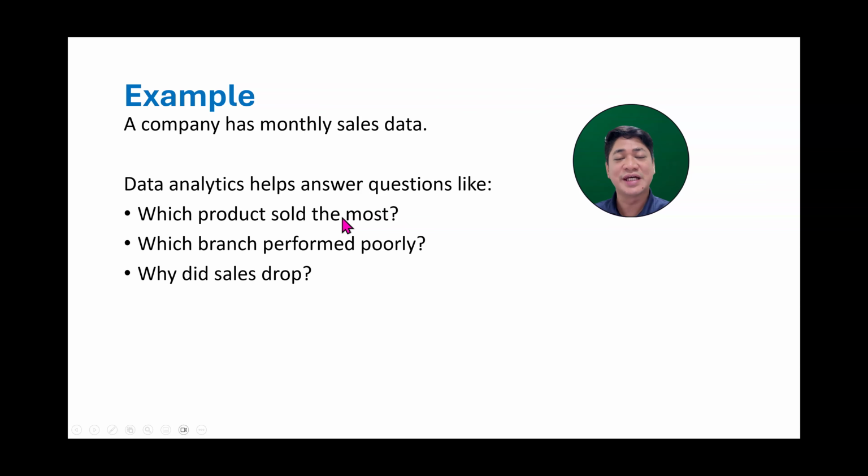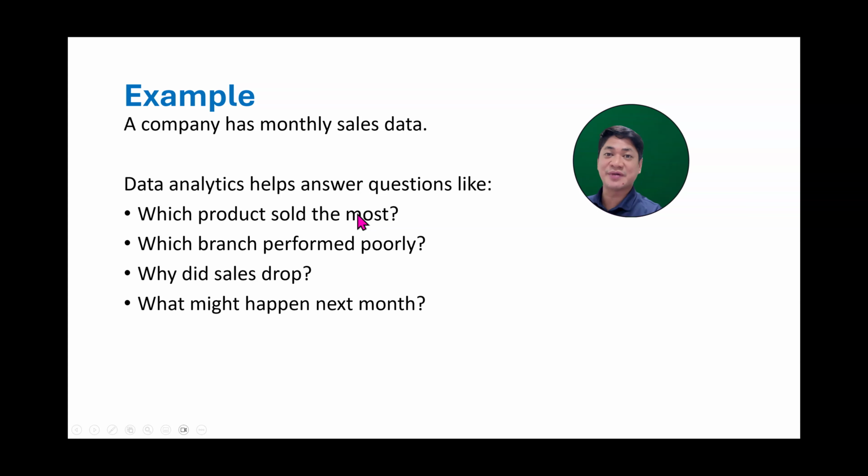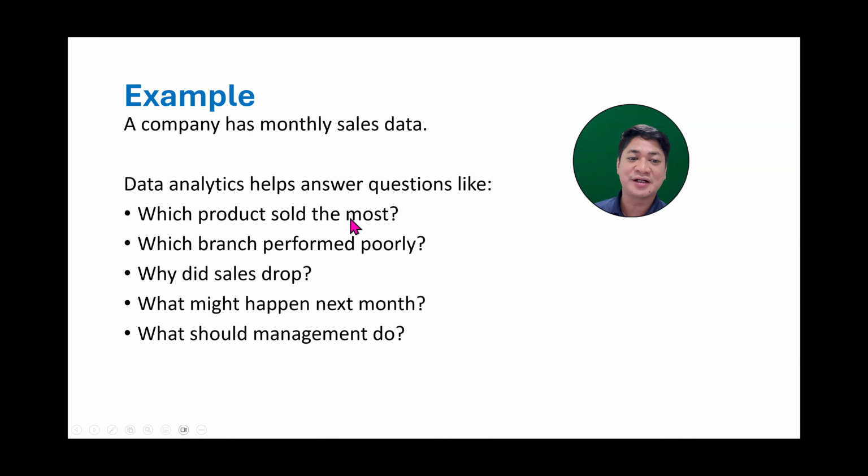You can also use data analytics to find trends, spikes, or anomalies in your data, like why sales would drop. You can also use it to find what will happen next month, so you can use data analytics to forecast. Finally, you can help your management by recommending actions, tasks, or commitments based on the results of your data analytics.